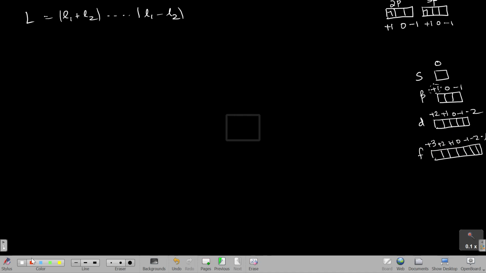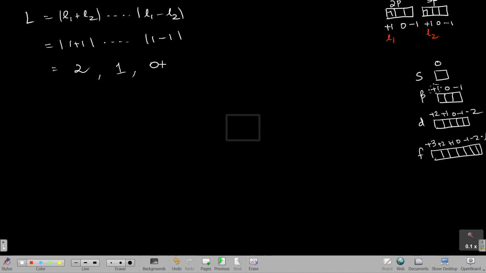Here the L1 value is plus 1 and the L2 value is again plus 1. Simply substitute it in the formula: 1 plus 1 down to 1 minus 1. 1 plus 1 is 2, 1 minus 1 is 0, so 2, 0, and between 2 and 0 you have 1.